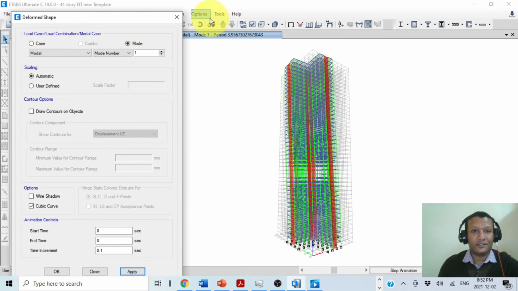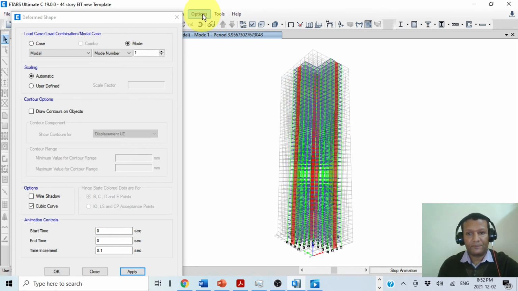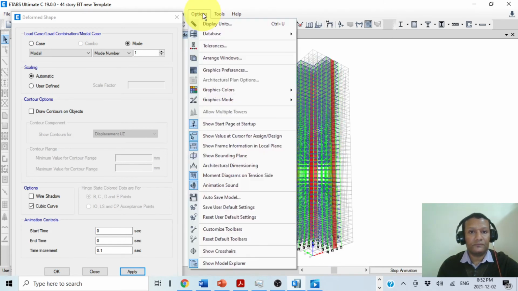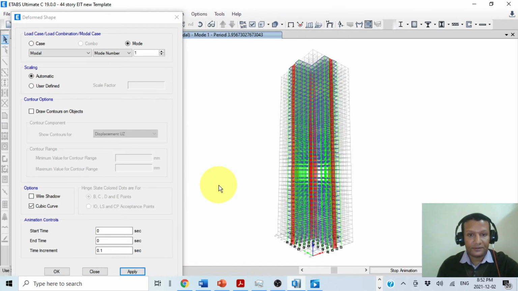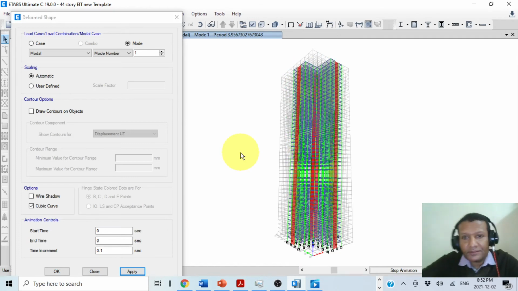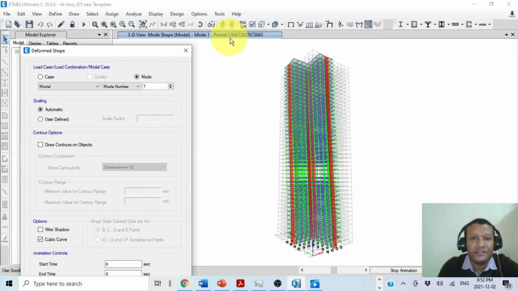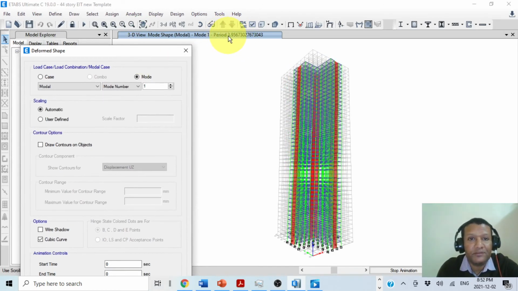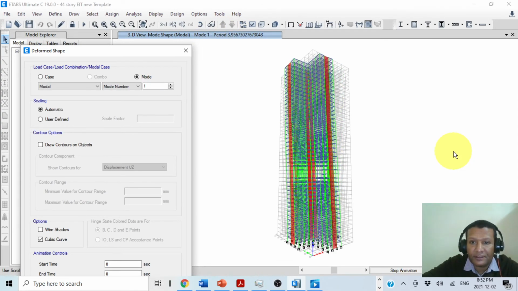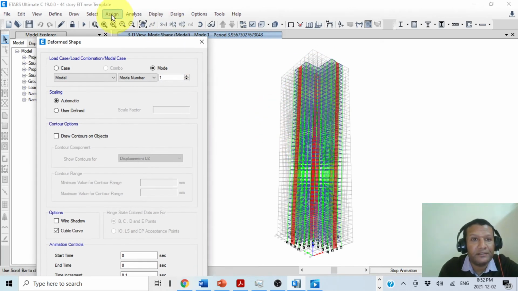Let me close the volume. So as you can see, this is the first mode, 3.95 seconds. This is the period, and it is pure translation in the X direction, the same as what we see in the table.